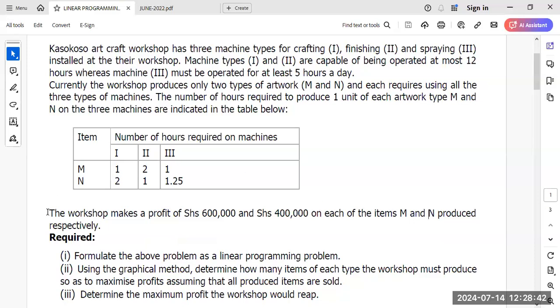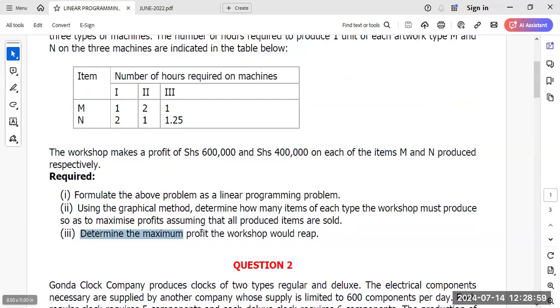So this statement is going to help you to formulate your objective function. And the fact that you're dealing with profit means your objective should be to maximize profit. That's why you even have this Roman 3, determine the maximum profit.